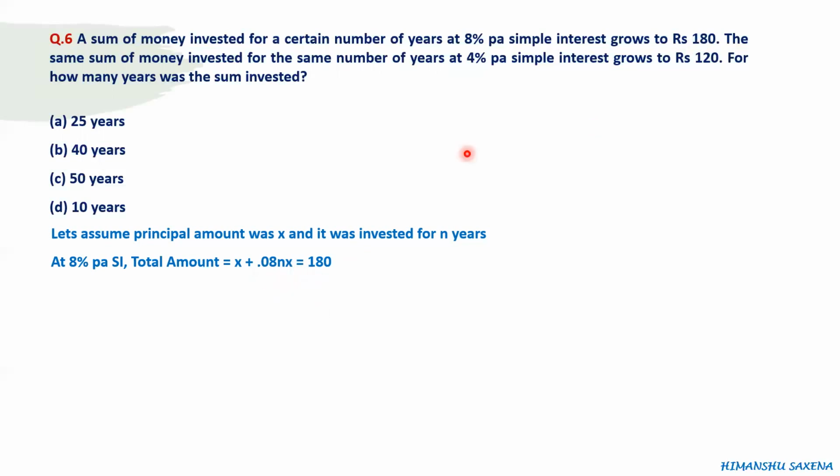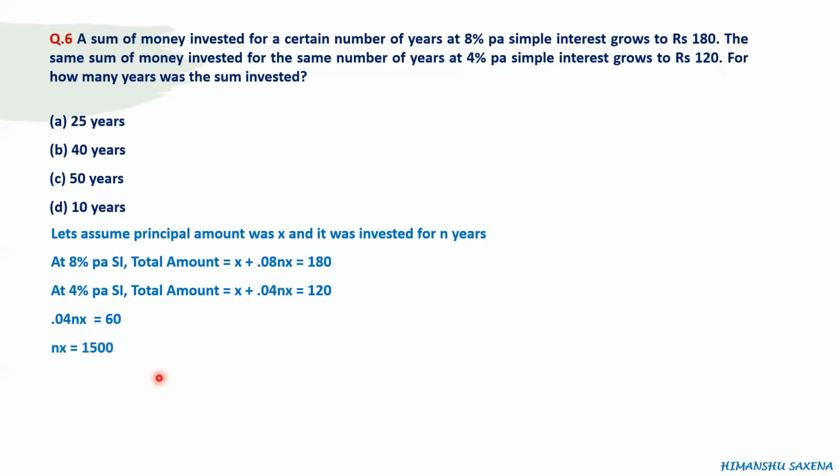Similarly, using the same formula in this scenario, at 4% per annum simple interest, the total amount would be x plus 0.04nx is equal to 120, because you are getting 120 rupees after n number of years. Now if you subtract equation 2 from equation 1, you get 0.04nx is equal to 60, right?